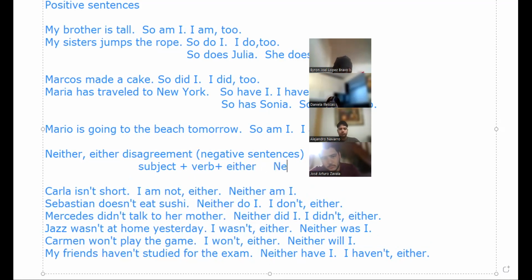And you have neither plus auxiliary or verb, in this case, and a subject. And remember that this verb is in negative, or auxiliary in negative, when you have either.